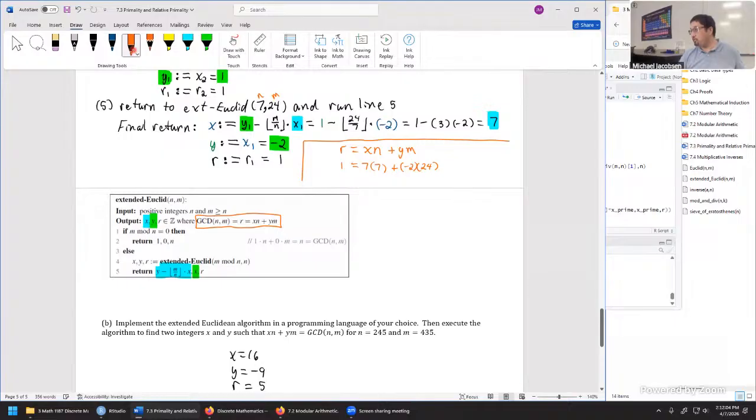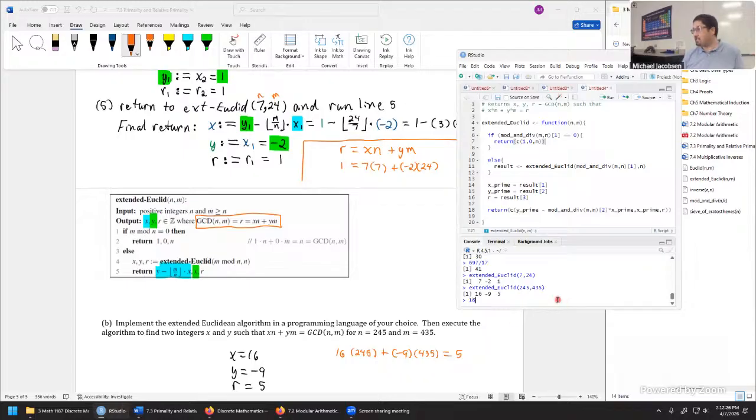And a fast check on this one would be, take 16 times n, 245, plus -9, I forgot that negative sign again, -9 times m, 435. It had better be equal to 5 exactly. So let's verify that. 16 times 245 minus 9 times 435 does resolve to a 5 altogether.